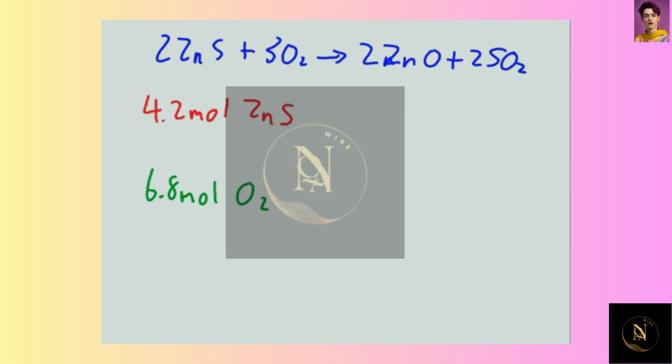Well, first we should probably figure out which reactant is excess. So let's set up our mole ratios to find out which one will produce less and more product. According to our equation, we have 2 moles of zinc sulfide, and let's pick a product, we'll just pick this one here, for every 2 moles of zinc oxide.